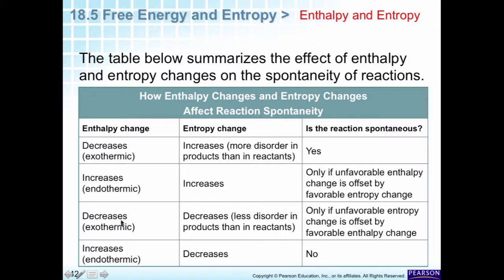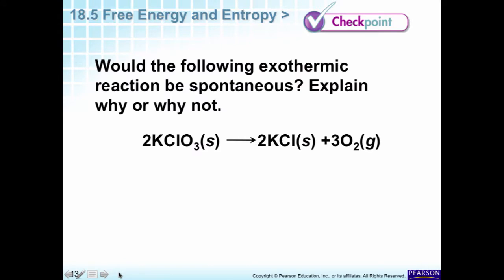Now if we have a decrease or exothermic and the entropy also decreases, which means there's more order, then it's spontaneous only if the entropy change is offset by a favorable or higher enthalpy change. And finally, if we have an endothermic reaction and a decrease in entropy, it will never be spontaneous.